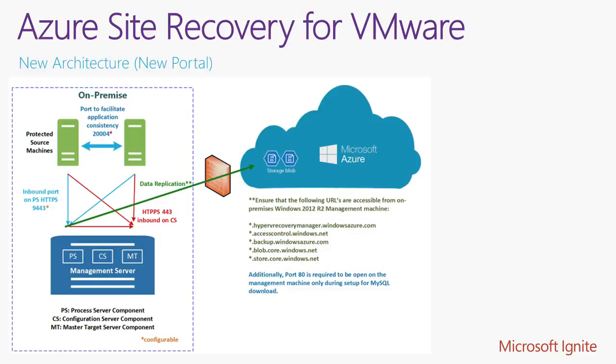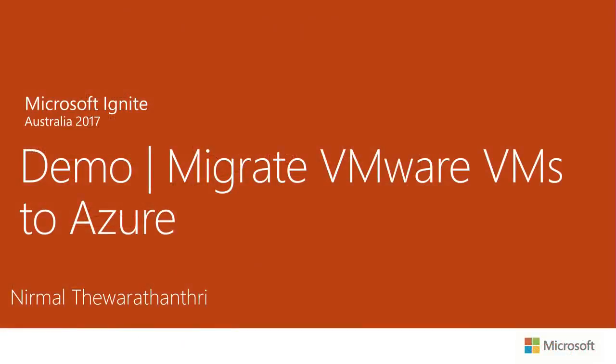With that data replicated into blob storage, at a later stage, when I want to do my test failovers or my migration, Azure Site Recovery will orchestrate the virtual disks that are copied across and create virtual machines for you automatically. So that's how the coordination process works.